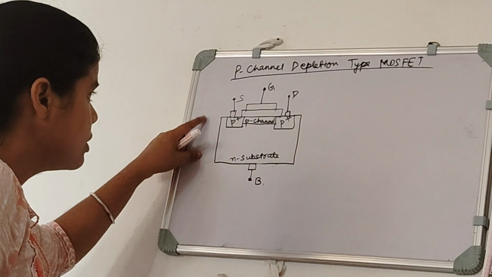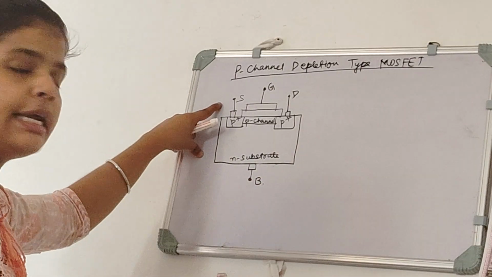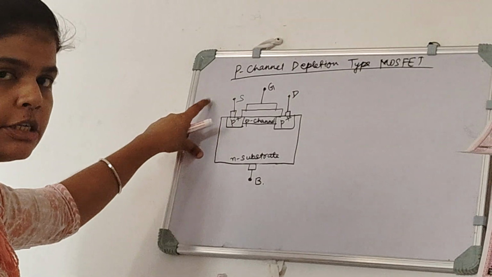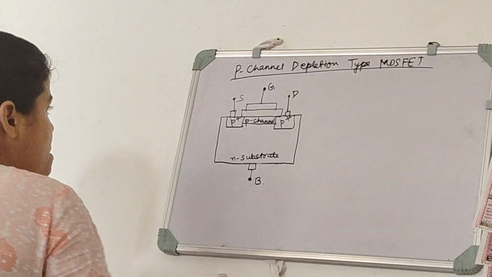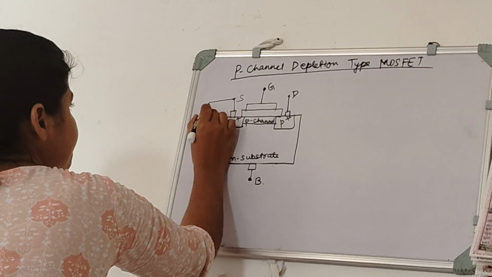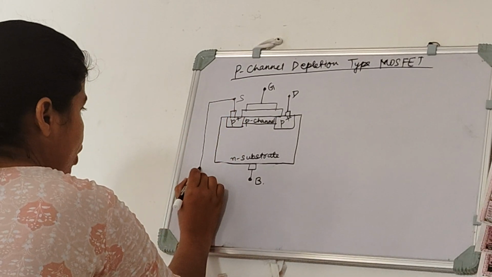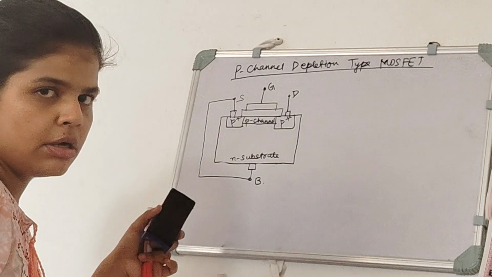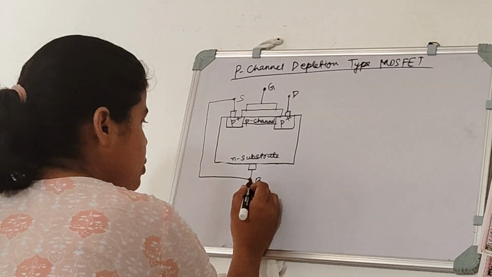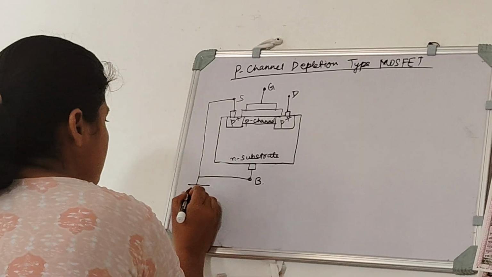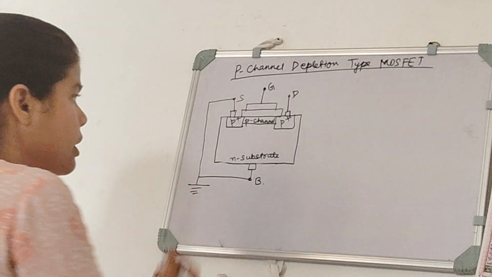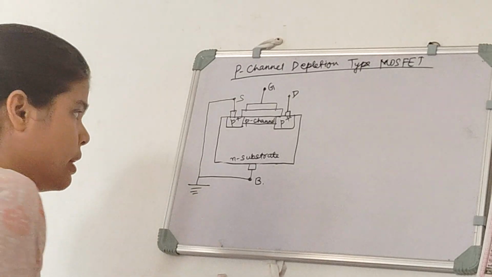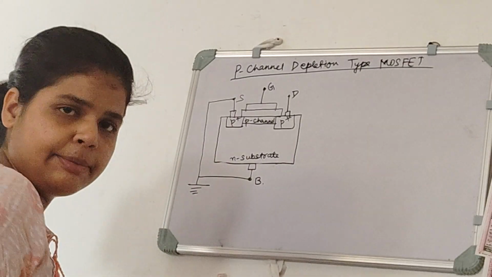Now since source is taken as reference, it will be considered to be grounded, and since we are not considering the body effect here, the body will be shorted to the source, so it is also grounded here. Now our drain is of p plus type material, and our substrate is of n type material.